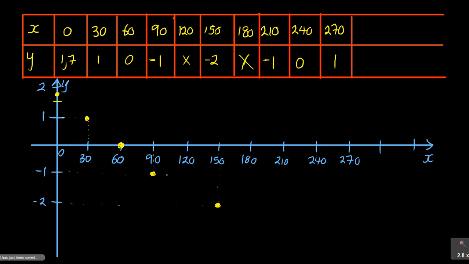You can look at that and that, we have a point there. And then 240 is 0 and 270 is 1, so we have something like that there.